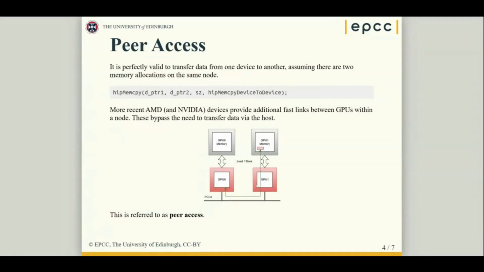So this will be, let's say, distributed. And they are connected with PCI Express. It is possible, but as you can see, it will be slower than getting access to the GPU 1.